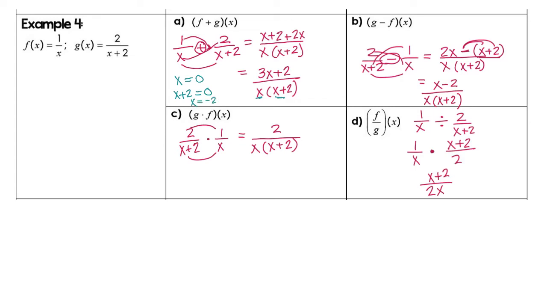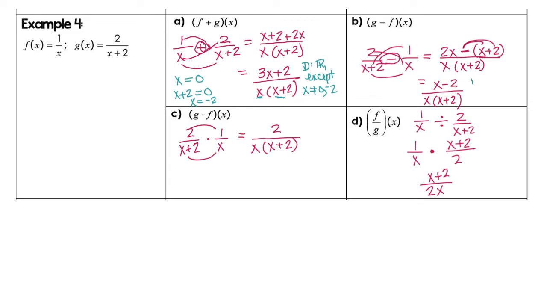So our domain will be all real numbers. So here when you write that domain, it is all real numbers except, and then notice x cannot be 0 or negative 2. Okay, on part B, notice that the denominators are exactly the same.